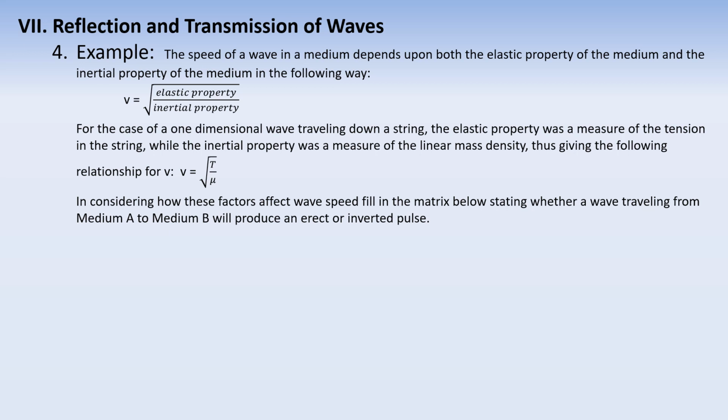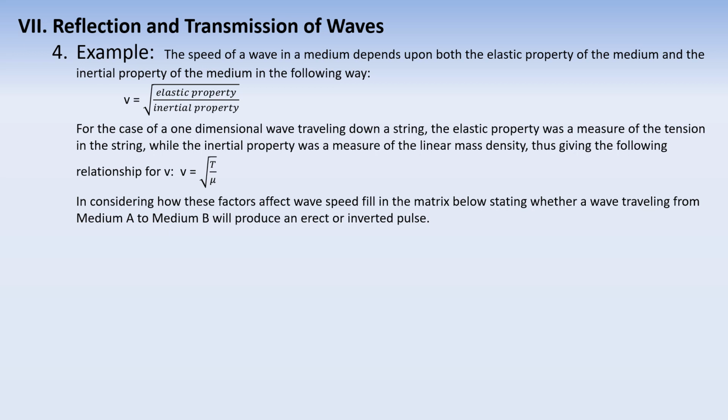So in the previous slide, we gave a set of criteria for determining when a wave that is traveling from one medium into another will experience a phase change upon reflection at the boundary. And we expressed it in terms of the wave speeds.